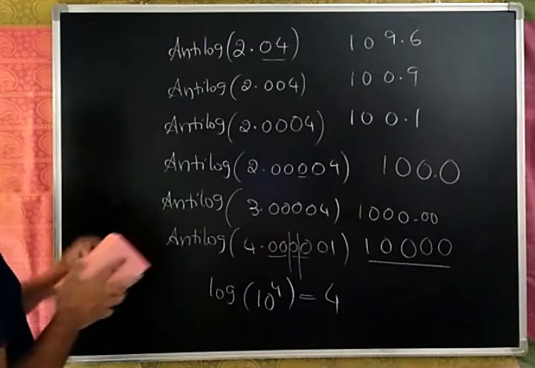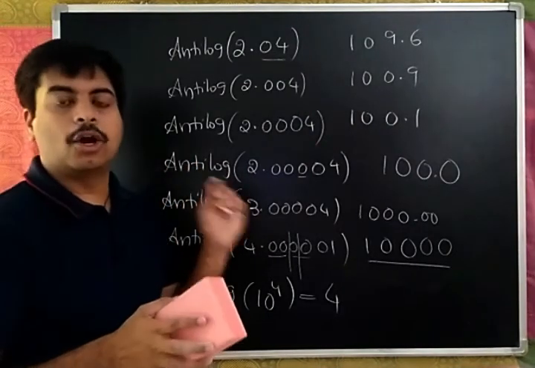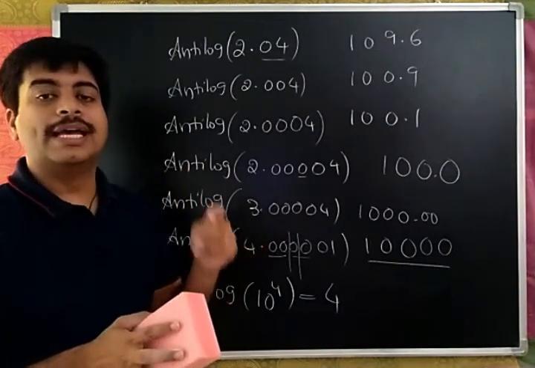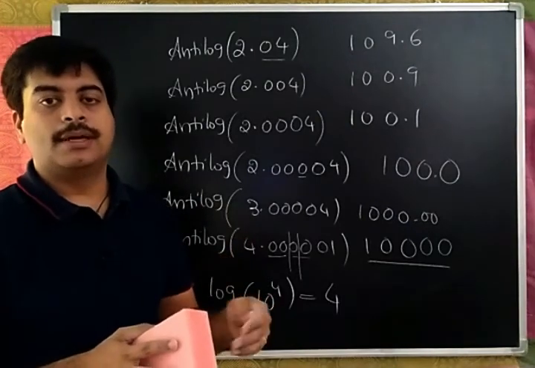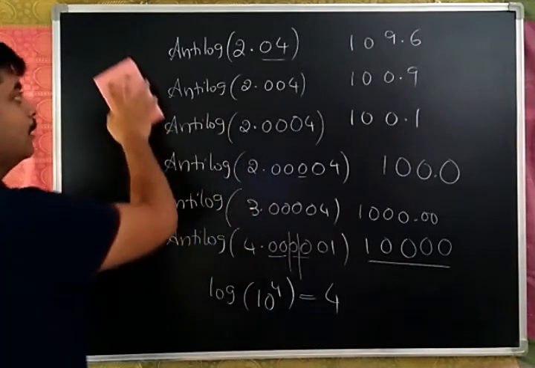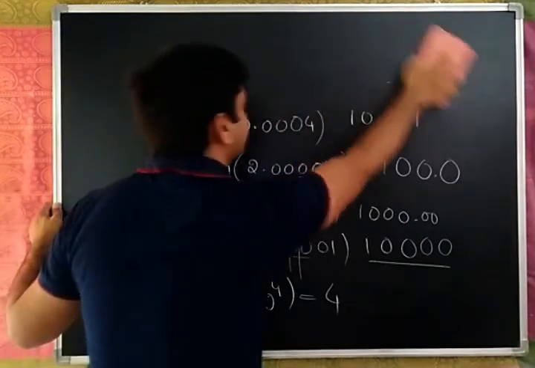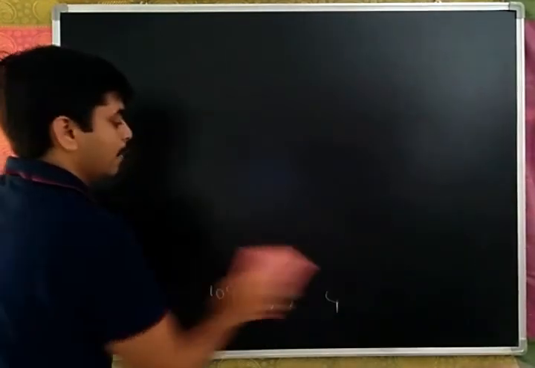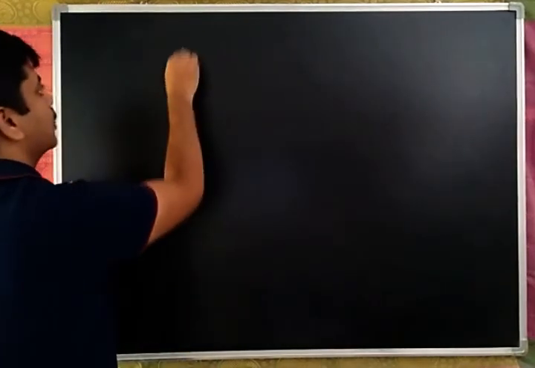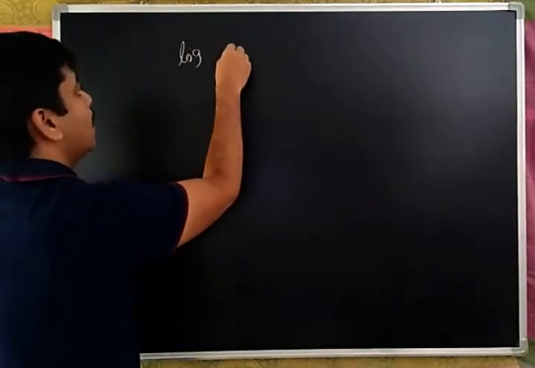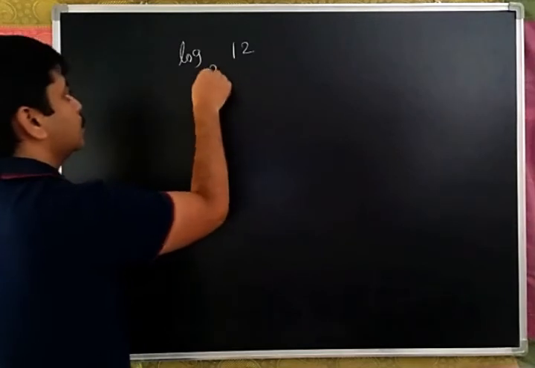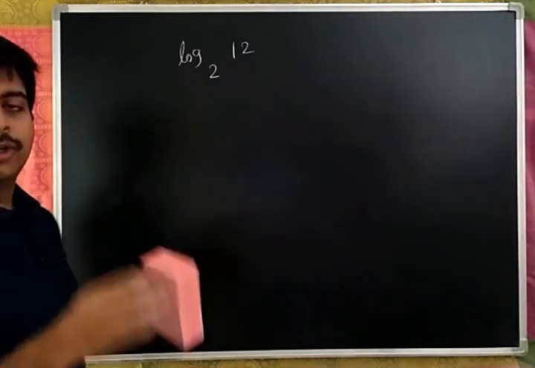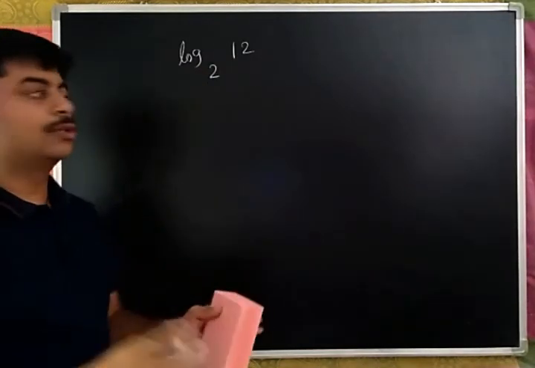Always when we are talking about logarithms and anti-logarithms, we talk in general with base 10. So assume that you don't have base 10. Then what to do? For example, in logarithms you have log 12 to the base 2, but your logarithm tables are with base 10. How to use them?